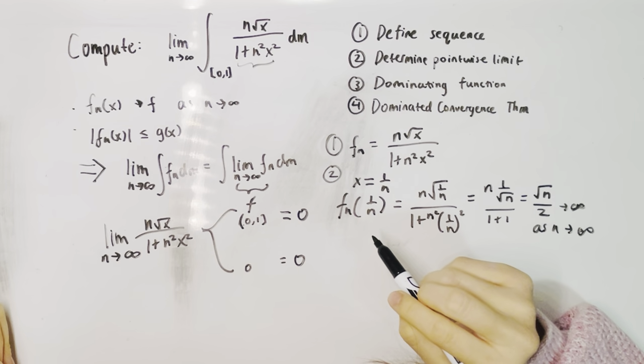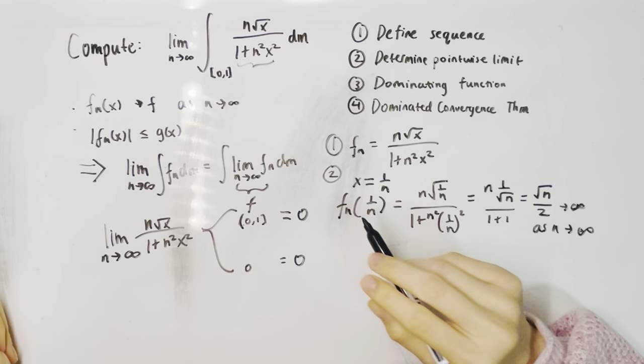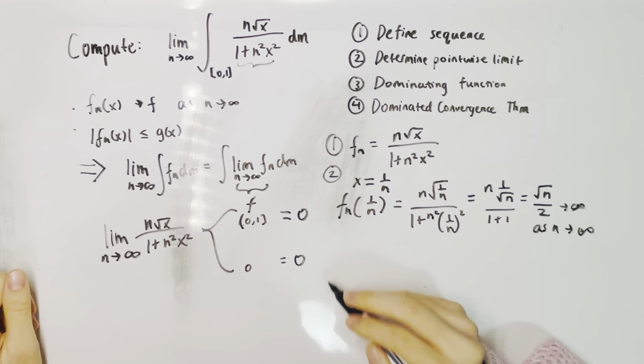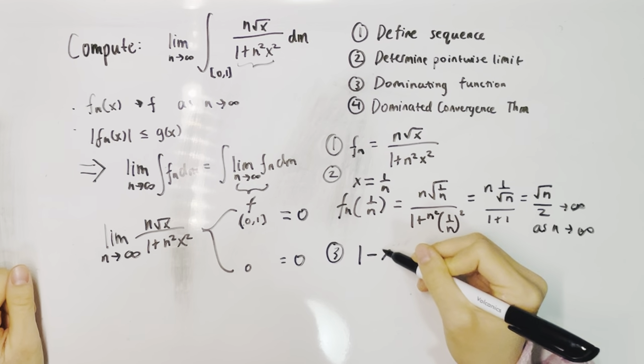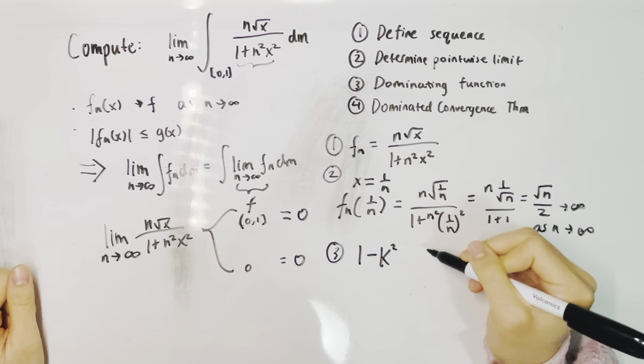Okay, so now we can find our dominating function. We can find it with this simple inequality.